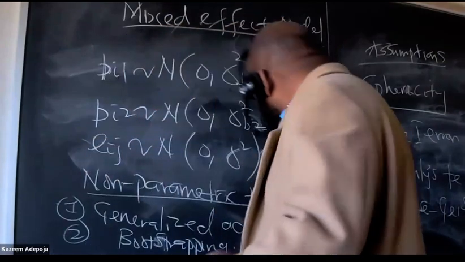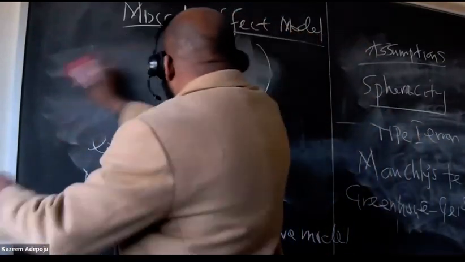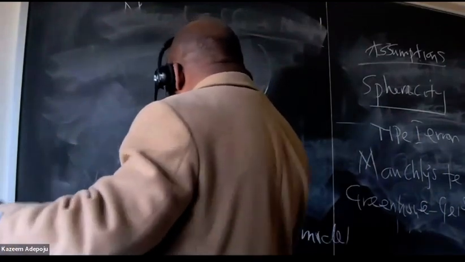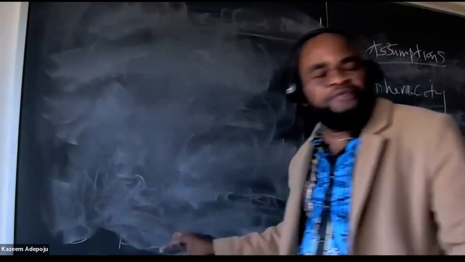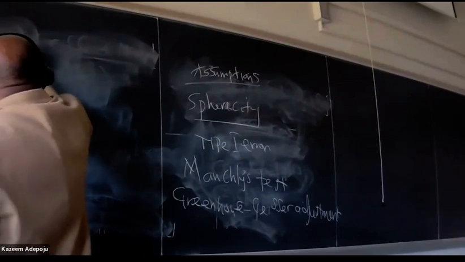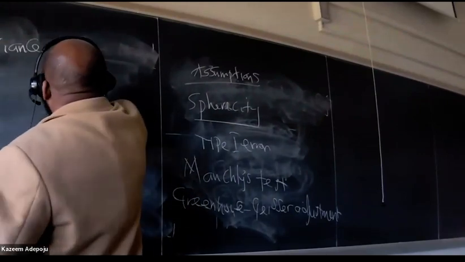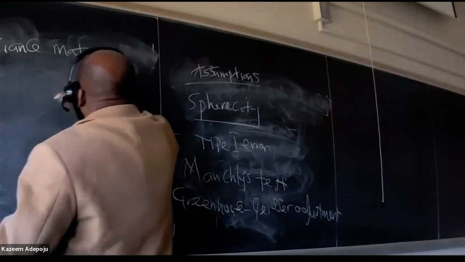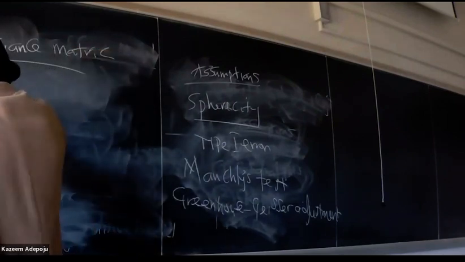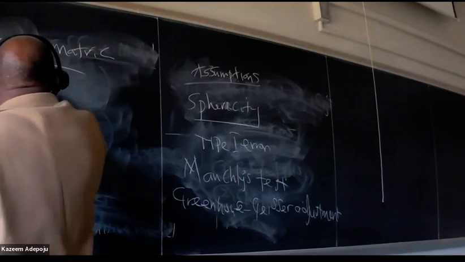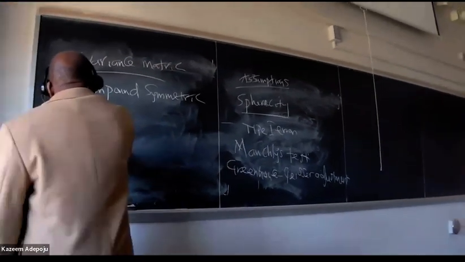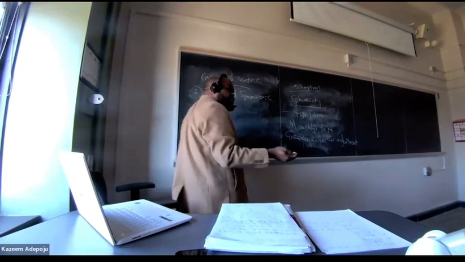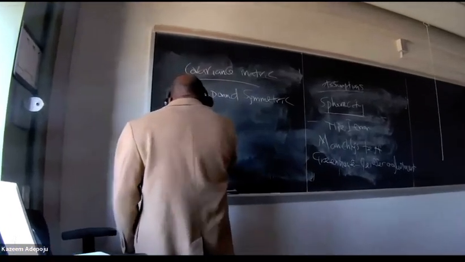There are three covariance structures in a mixed effect model that we call the covariance matrix structure. Number one, we have compound symmetric. We have AR, which we call autoregressive, and we have unstructured.